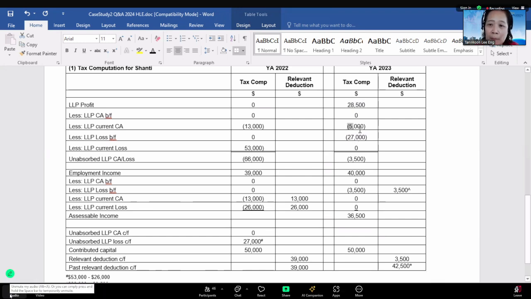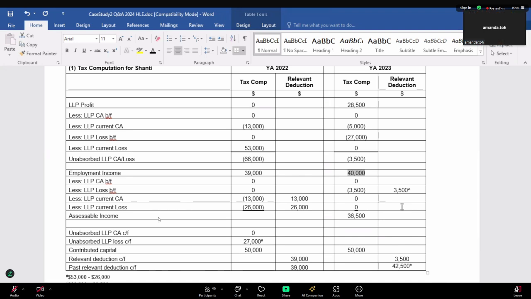I don't even bother about the CC. I just give it an offset and it became a loss here. Then the next moment you look, 3,005 cannot offset against other income. That is the part where we will apply the relevant deduction. So the example will show you the principle of this relevant deduction, and we apply it only on other sources of income.